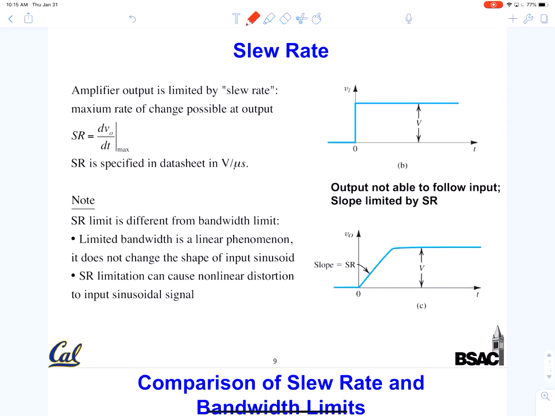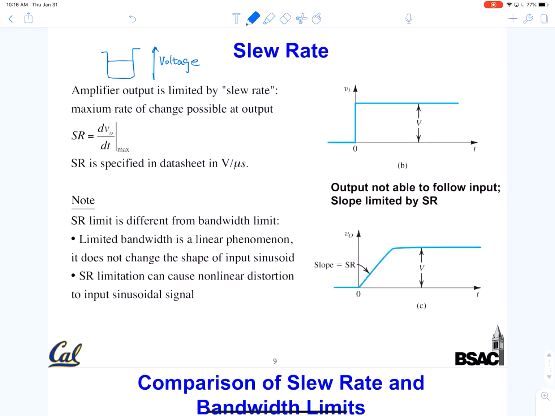The next non-ideality that we need to live with is called slew rate. Slew rate is basically the finite rate at which your output can respond. An intuitive version of this is to think of voltage as a water tank. The vertical water level is your voltage, and you need to reach, for example, this VO.